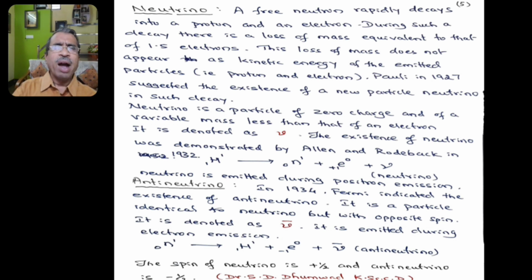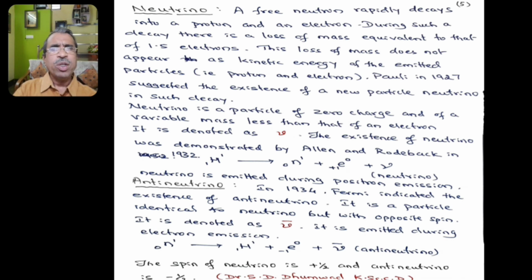We also have the anti-neutrino. In 1934, Fermi indicated the existence of the anti-neutrino. It is a particle identical to the neutrino but with opposite spin. It is denoted as nu bar.